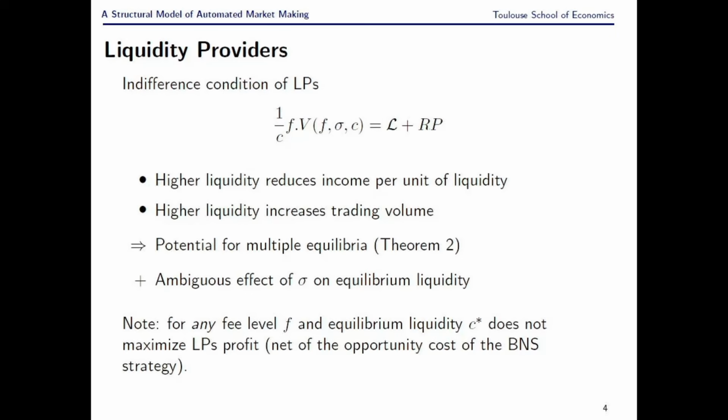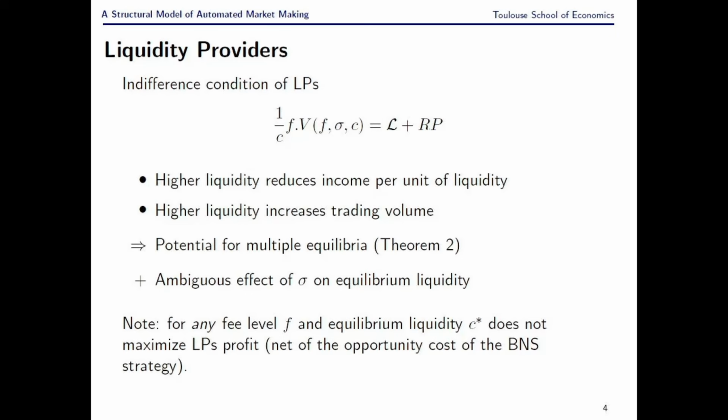So there should be some kind of first order derivative of V with respect to C in the amount of liquidity which is going to maximize the income of the liquidity providers, which is not there because, of course, if you're small, you're going to take this as given. So what this is saying is that generically, the amount of liquidity is going to be inefficient, in the sense of not maximizing the revenue of the liquidity providers.